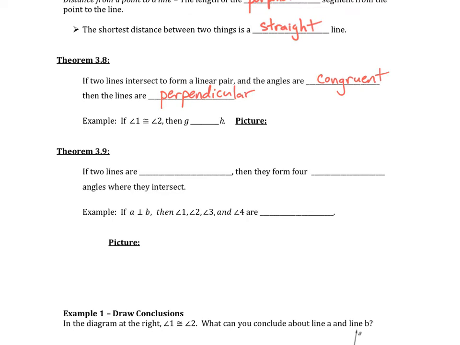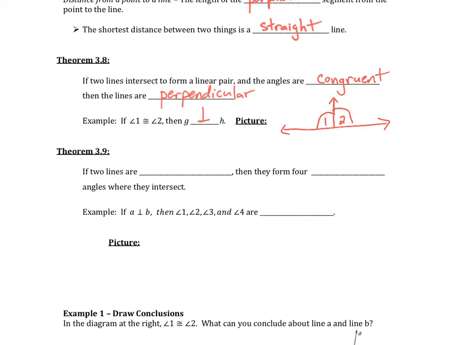So for example, if angle 1 and angle 2 are congruent, then G is perpendicular to H. So we're going to draw a picture on the side. So in this picture, if angle 1 is congruent to angle 2, then we would say that the lines must be perpendicular.